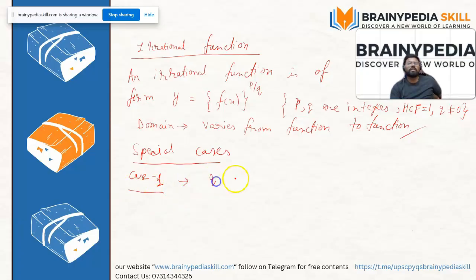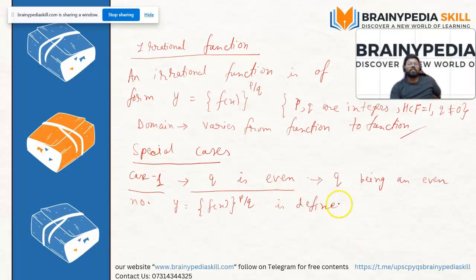In the first case I am taking q as an even number, so y equals f of x whole to the power p by q is defined if and only if f of x is greater than or equal to 0.